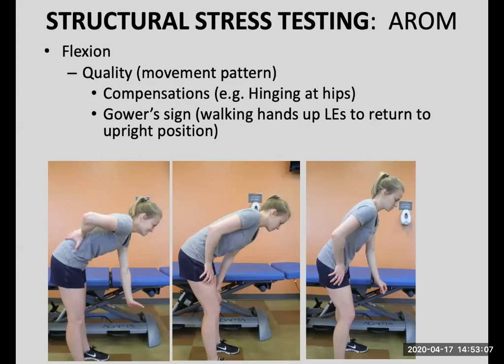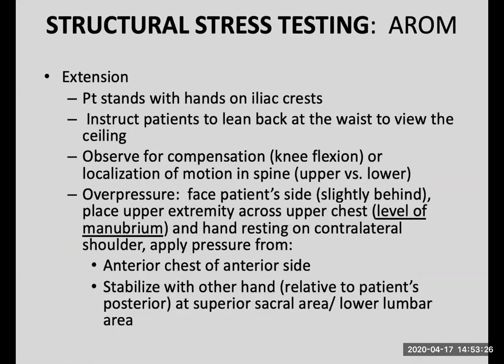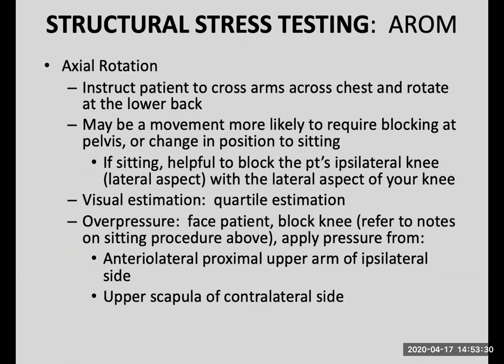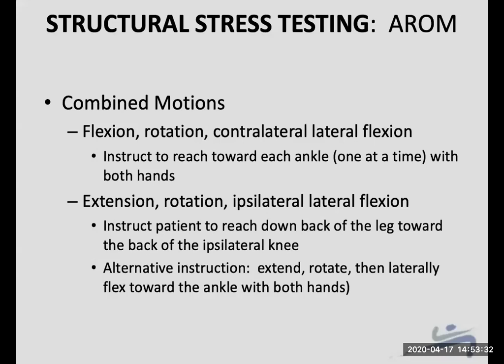So if it hurts to return from that flexed position back to an upright position, you might see the patient, as we see in our pictures here, using their thighs to walk the hands up, that being a way to decrease loading on the spine as the upper extremities are helping out, essentially. And you can take time to read through these descriptions if you need to for different planes of motion here.